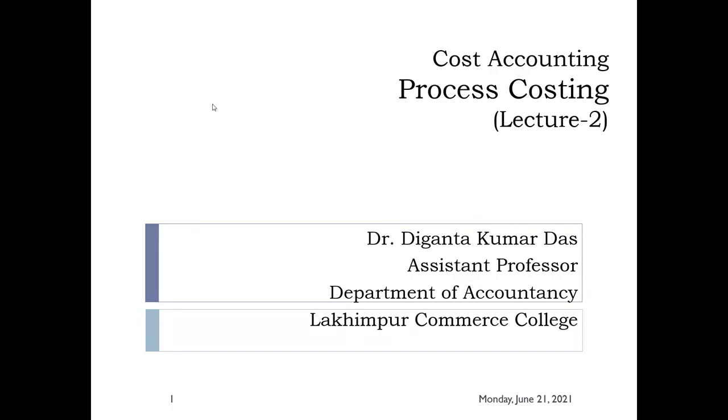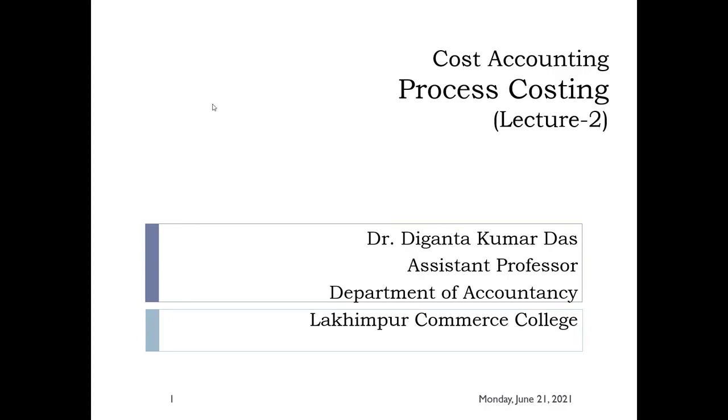That means in the question, if 10% loss, or 10% loss of weight, or 10% scrap is given, these are called normal loss. Abnormal loss is unknown, so we have to find out the abnormal process loss.